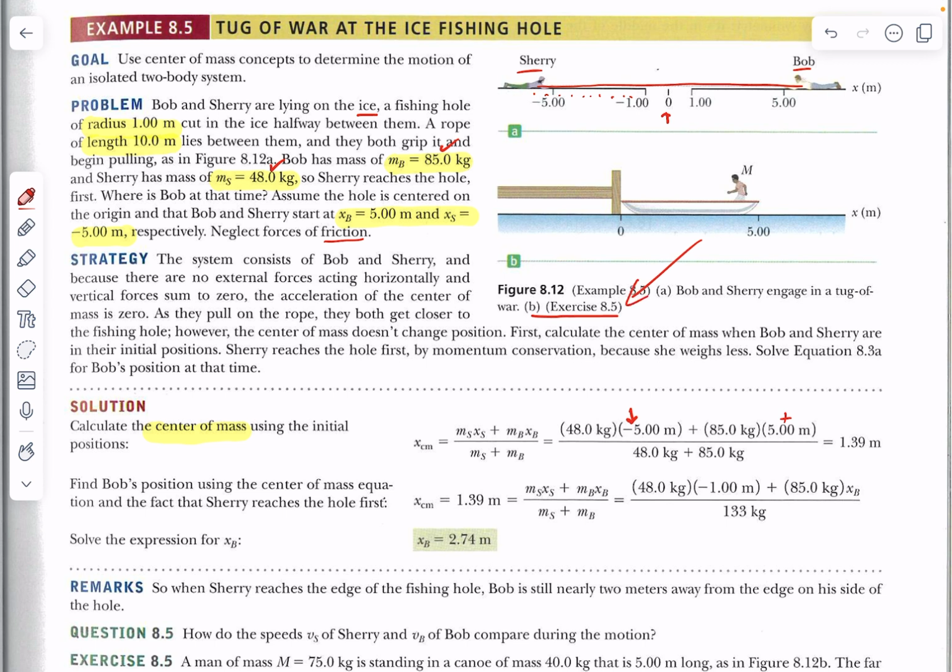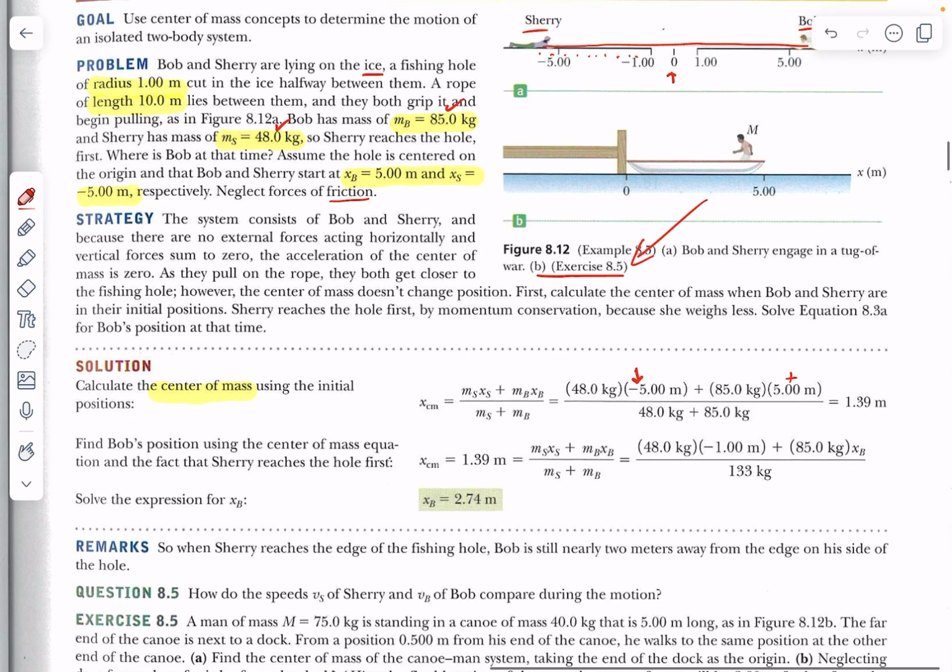Now, this looks like a complicated problem, but if we use the center of mass equation, and we only have two objects, we have Sherry and we have Bob, so there's only two components to our numerator, and we plug in Sherry's mass times her distance from the edge of the hole. And again, we're calling this the positive side and this the negative side for everybody that is thinking in the normal way.